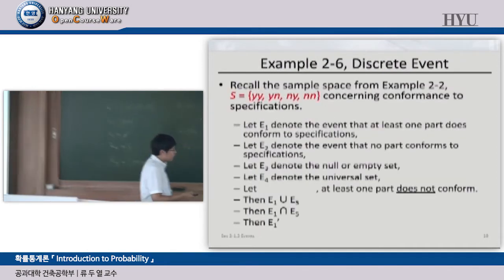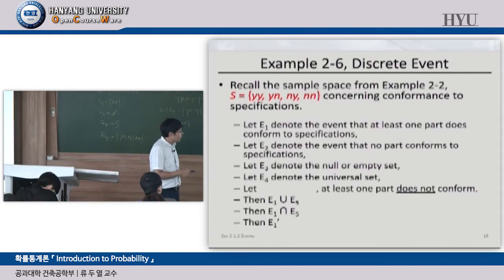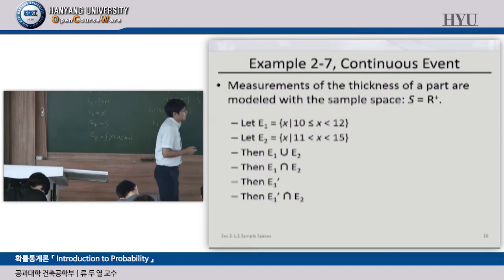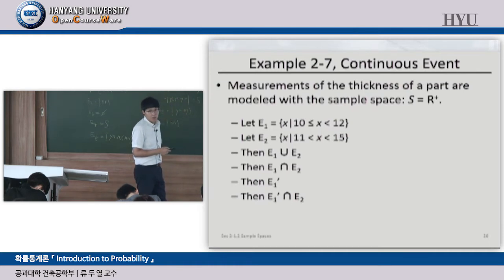So this example is for considering the discrete event only. Okay? And now we are going to consider the continuous event. The continuous includes the interval. Okay? So the measurement of the thickness of a part are modeled with the sample space S equal to R plus.